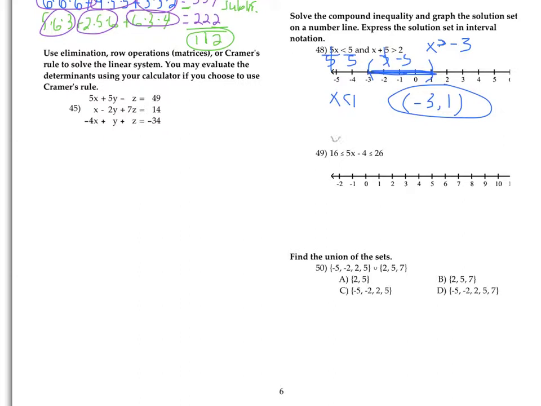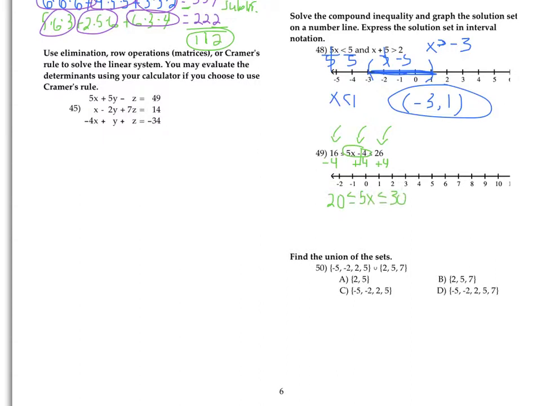Here, whenever we've got these three parts like this, we need to do the same thing to all three parts. So I'm solving this middle, so I need to add 4 in all of these places. So that gives me 20 is less than or equal to 5x, which is less than or equal to 30.